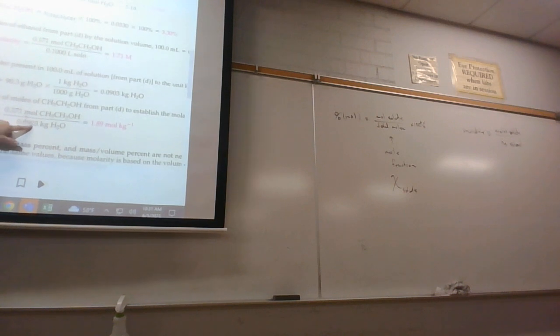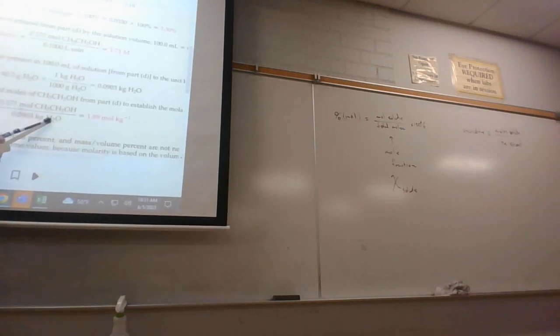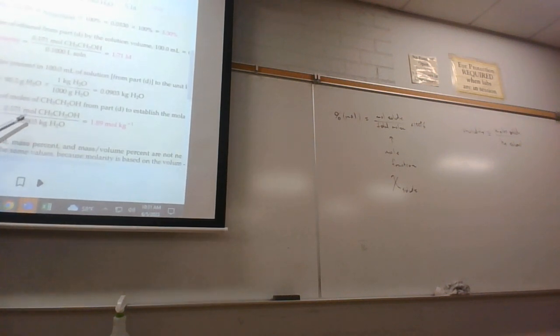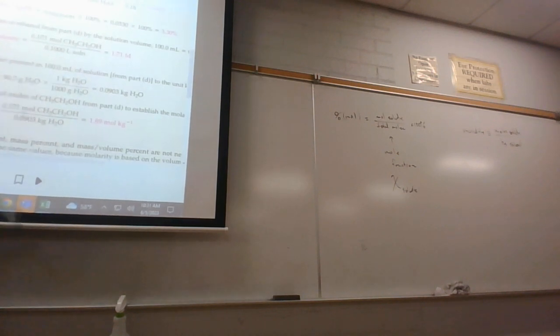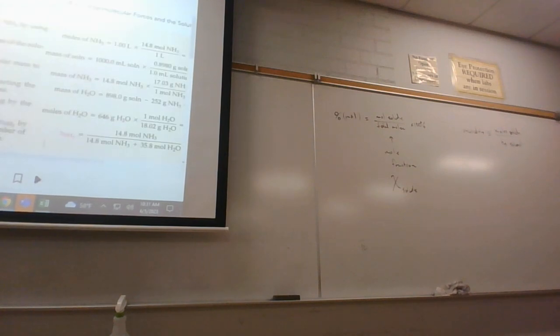Then we take the moles of ethanol divided by the kilograms of solvent. The solvent just consists of the solvent, but the solution consists of the solute plus the solvent. So we just have to be careful with that. And so those are the most common composition units that we use.